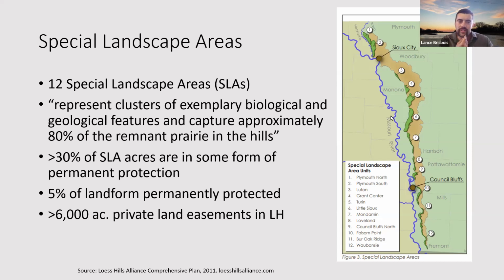But for the most part, the SLAs are very narrow, but they contain a lot of the remnant prairies. And then about 30% of those SLAs are protected either as public lands or private easements. So a total of 5% of the Loess Hills are permanently protected.